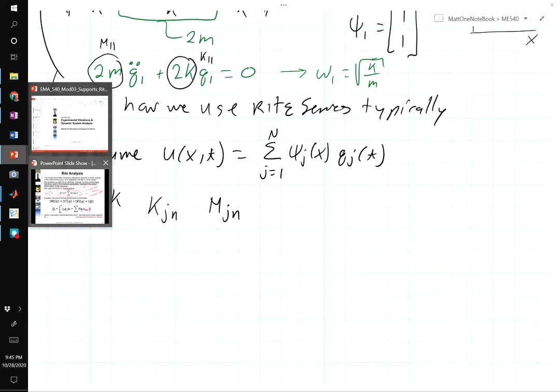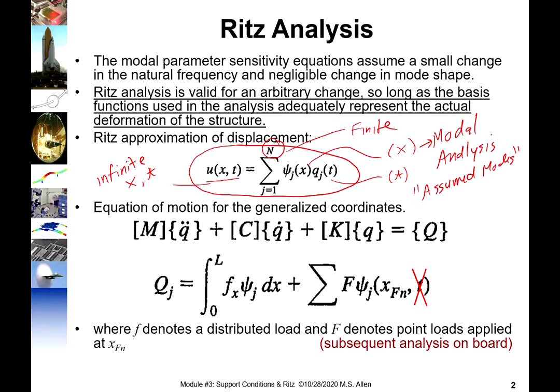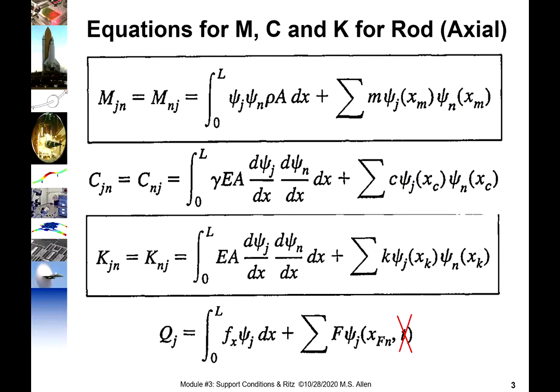So for example, this is for a rod, axial motion, like we've just been talking about. Using principles from mechanics of materials, Ginsburg has derived these formulas that tell you the j comma nth term in the mass matrix is the product of the jth and the nth shape functions.